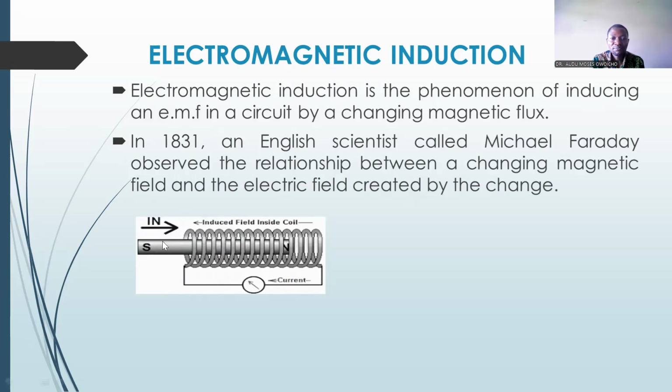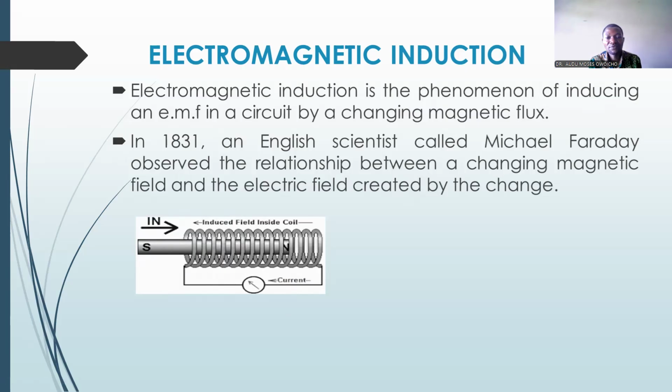This is what he observed. He had a coil connected to a galvanometer and a bar magnet. While pushing the bar magnet towards the coil, he observed a deflection on the galvanometer.